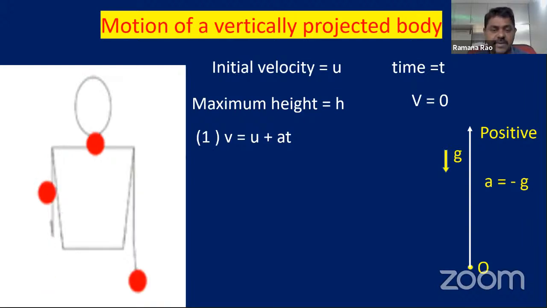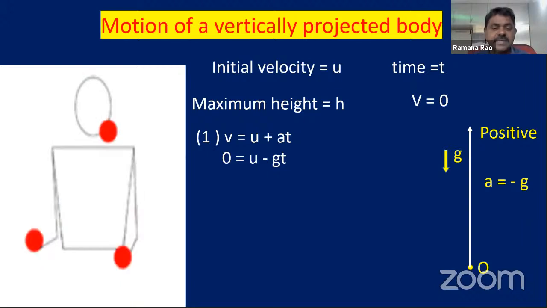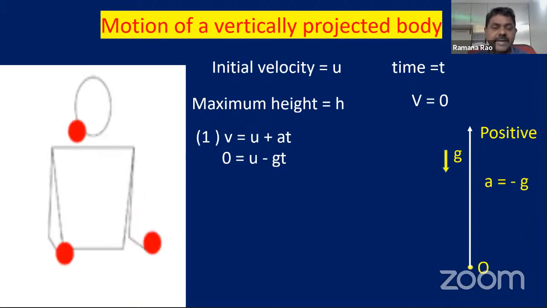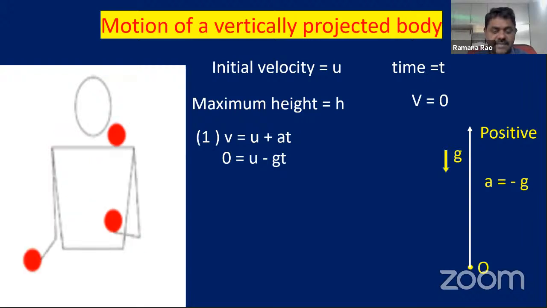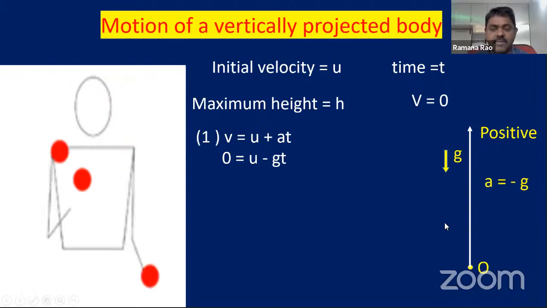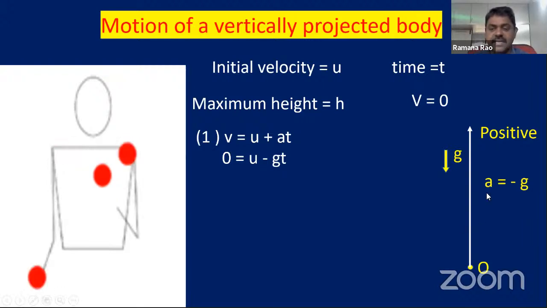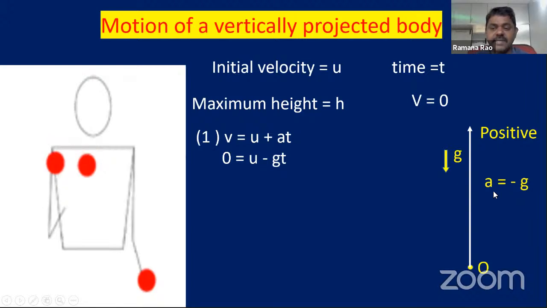As you know, v is equal to u plus at, the basic equation. At maximum height, v is equal to 0. Maximum height means up to which it can travel; there momentarily it will come to rest. So there the velocity is 0 after t seconds. Initial velocity is u and acceleration is minus g. According to the sign convention we considered here, for a vertically projected upward body, a is equal to minus g.